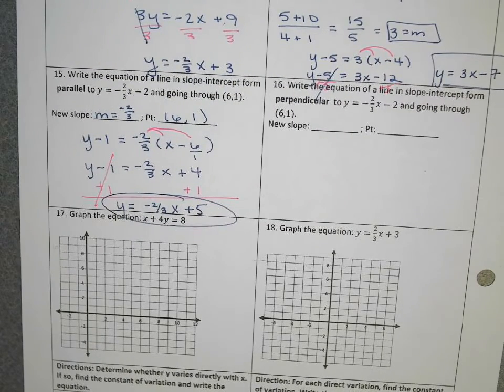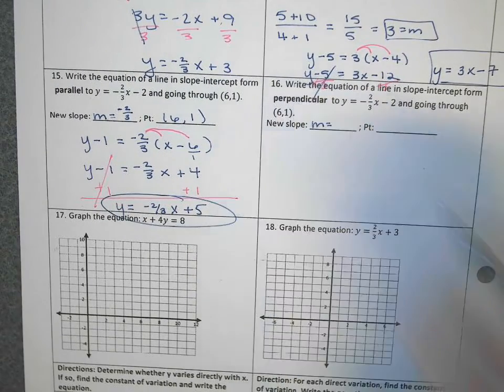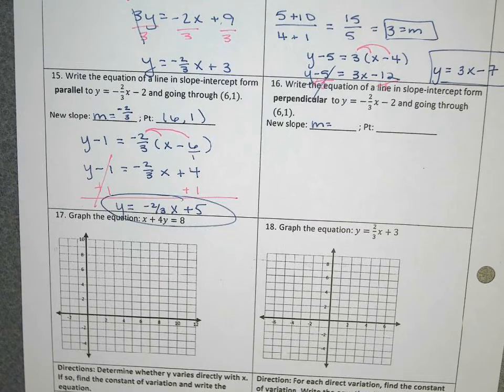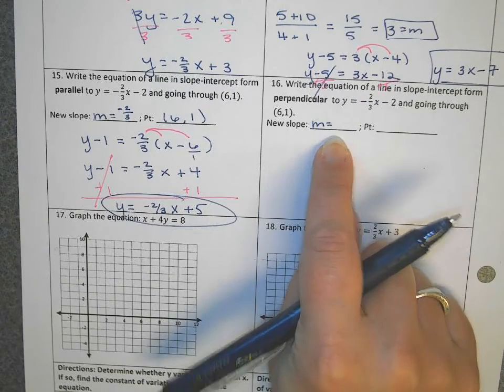Number 16, perpendicular. How do I find the new slope if the original was negative 2/3? What's my new slope have to be? No, not the same. That would be if it was parallel. Perpendicular. How do we find that perpendicular slope? It has to be opposite, and what else? And flip, the opposite reciprocal. So if this was a negative, our new slope has to be positive.